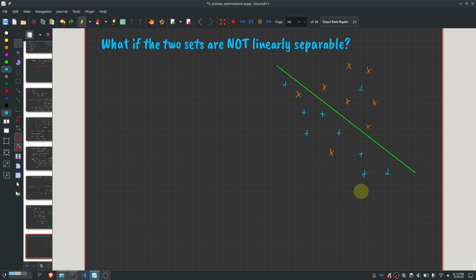That's the most natural way of defining this problem. But the problem with that is that it's no longer a continuous optimization problem. It's a discrete optimization problem. We have to count the number of points on one side and count the number of points on the other side. So that ends up being a combinatorial optimization problem, which is hard to solve. So the natural problem to pose is to minimize what I call misclassifications.